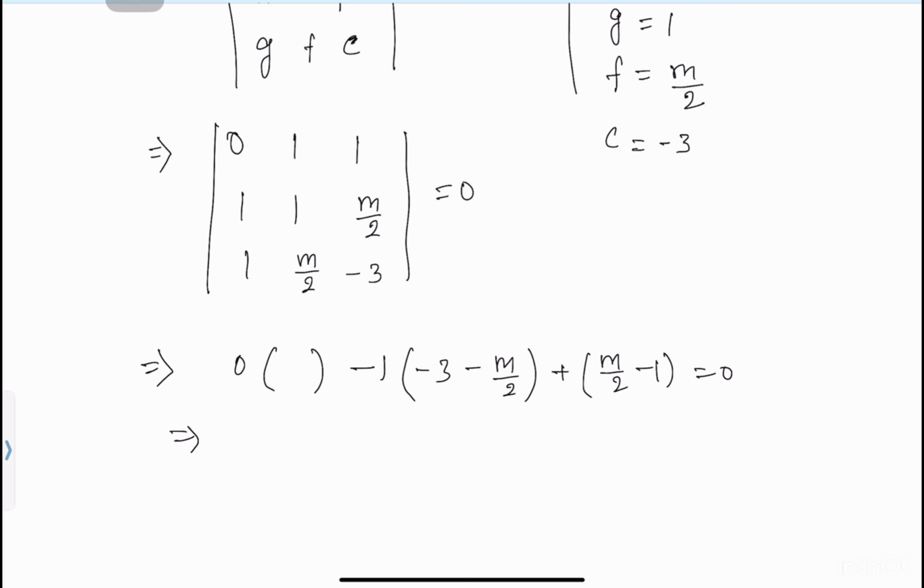So from here 3 plus m by 2 plus m by 2 minus 1 equals 0, so m equals minus 2. We got the answer, m equal to minus 2. Clear?